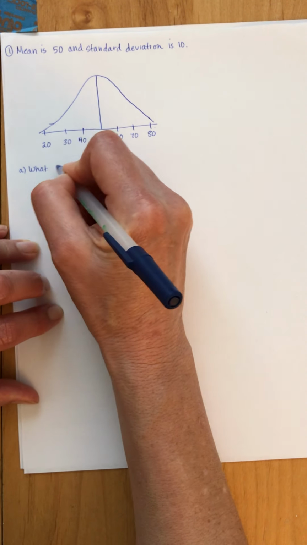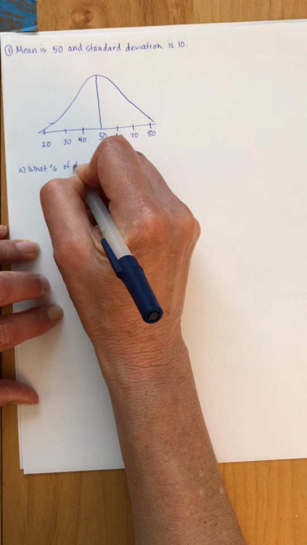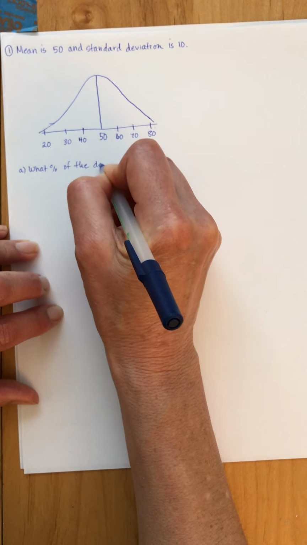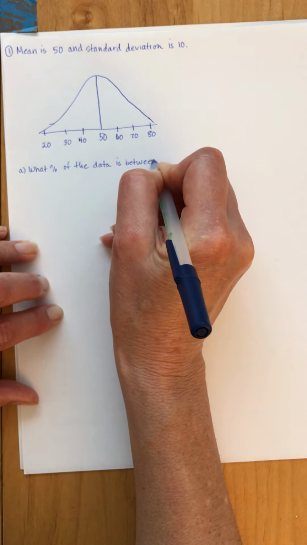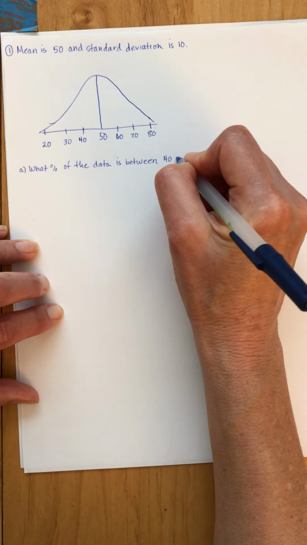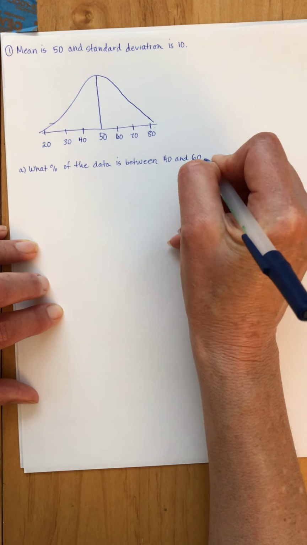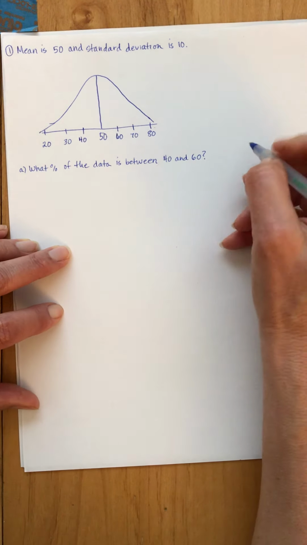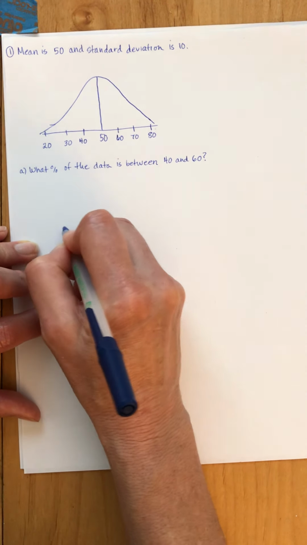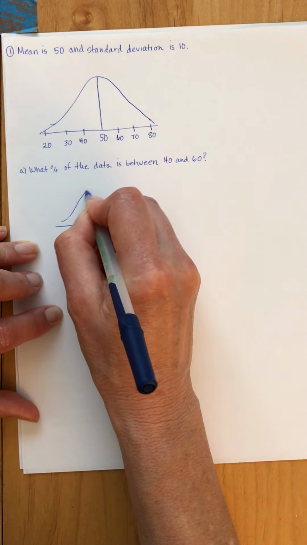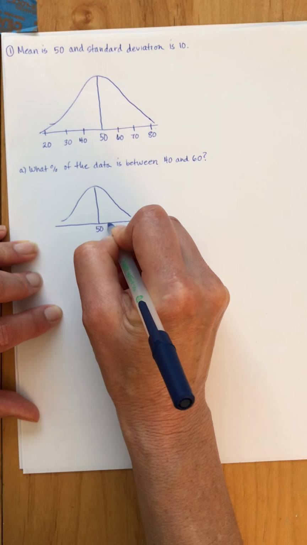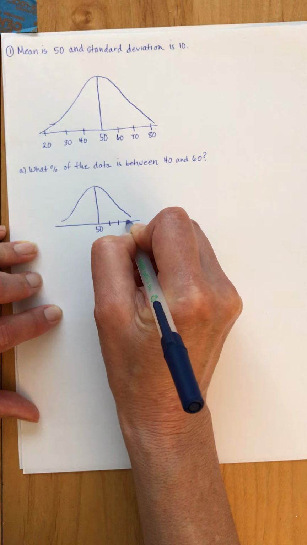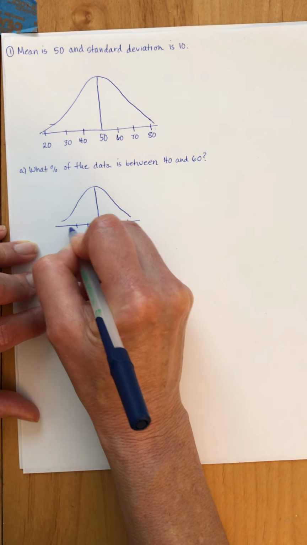Let's ask that question. Part A, what percent of the data is between 40 and 60? We're going to draw our picture here, a little smaller. Put the mean right here, and then we count out 1, 2, 3.